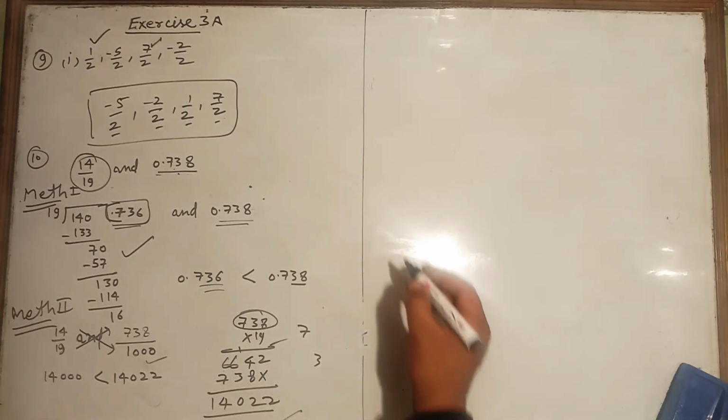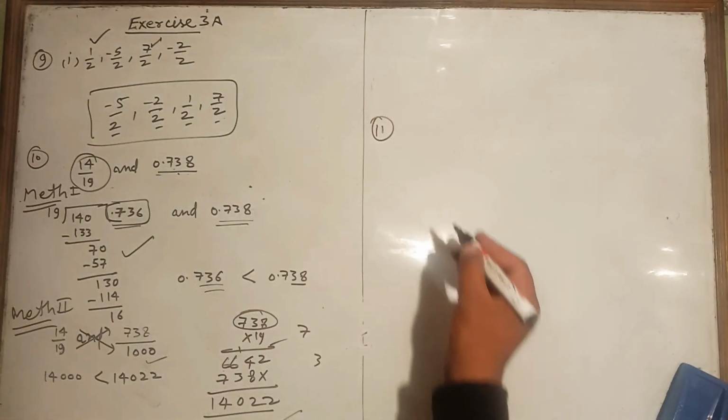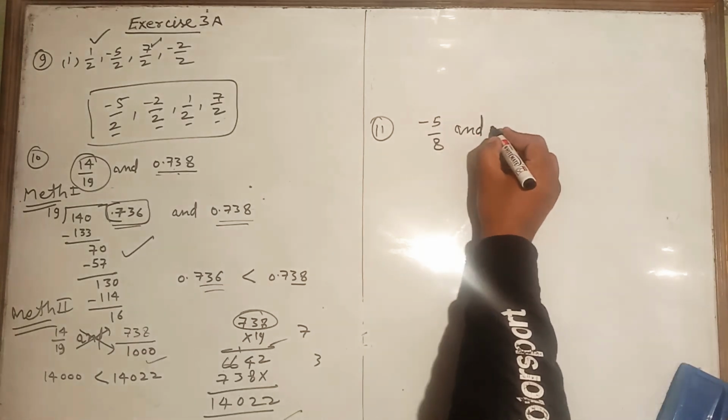Now come to question number 11. Here a student compares -5/8 and -0.9.